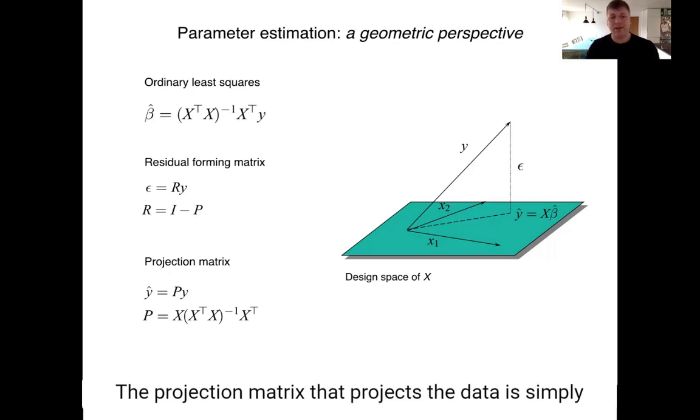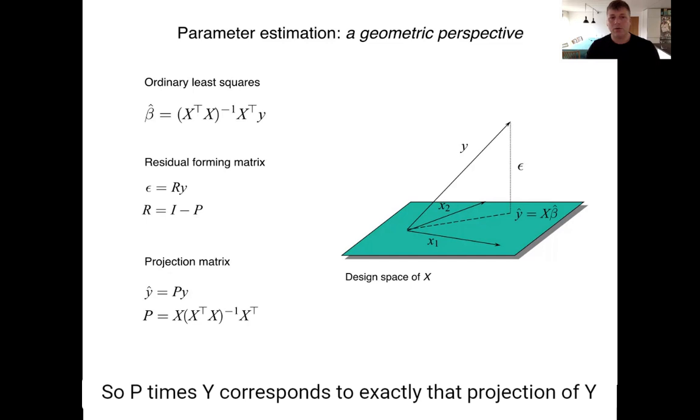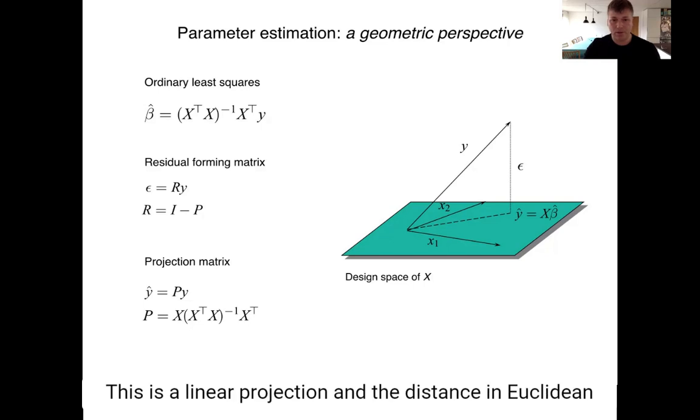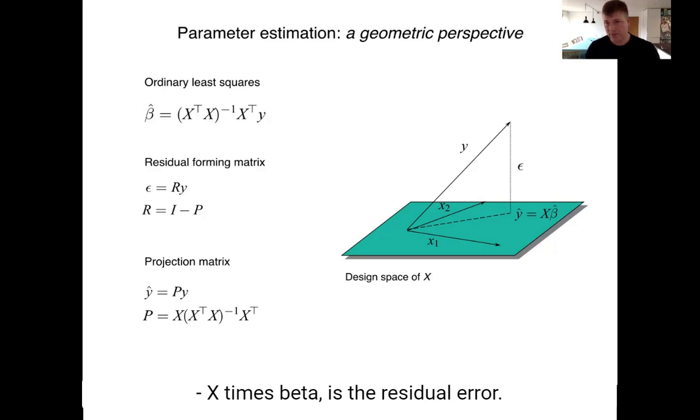The projection matrix is simply the ordinary least squares estimate that we saw in the estimation, pre-multiplied by X. So P times Y corresponds to projecting Y onto the model, or the space defined by the model. This is a linear projection, and the distance in Euclidean space between the data Y and the model prediction X times beta is the residual error.